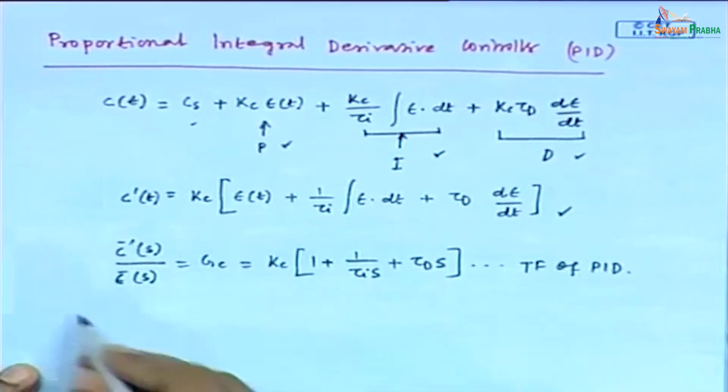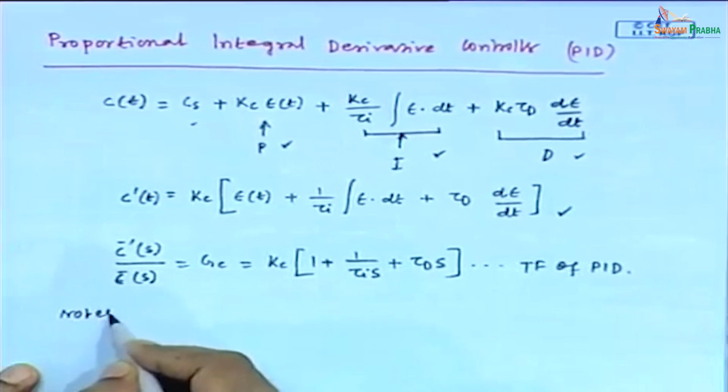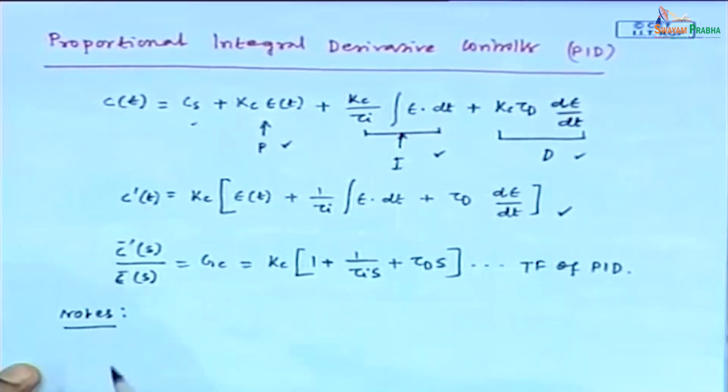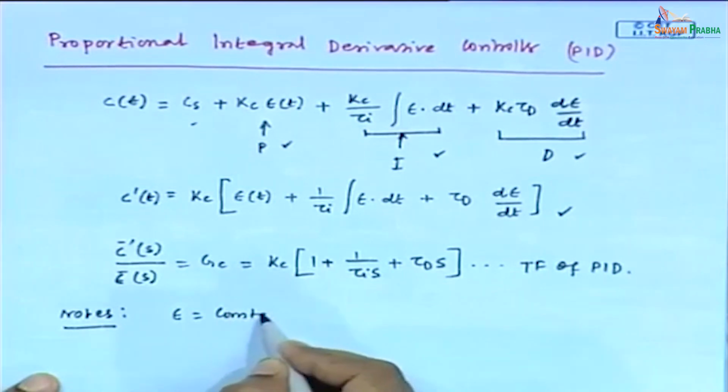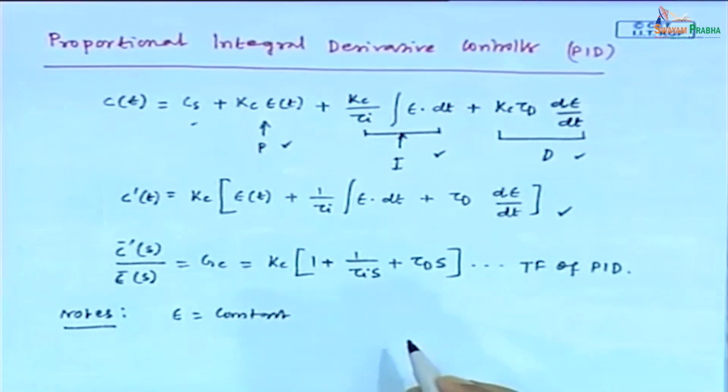Now, you observe one thing: if error is non-zero, what about the derivative action? If error is constant and non-zero, what about the derivative action? 0.